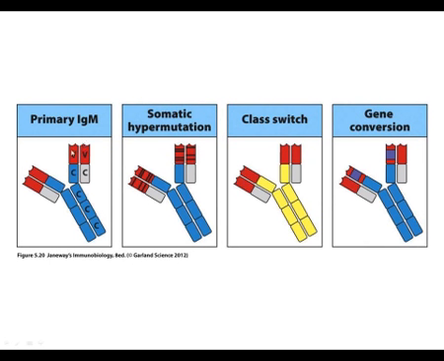So you have your primary IgM, and this is IgM, where you then get a bunch of mutations in that V region that lead to greater diversity, somatic hypermutation. We'll see how that happens in just a second. And then the IgM can class switch, and it can change its constant region out.